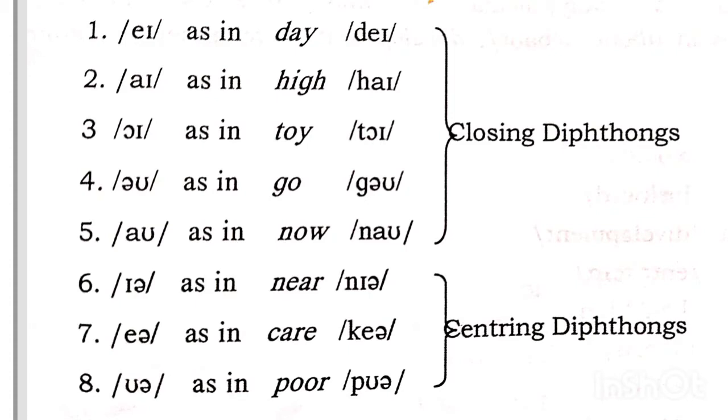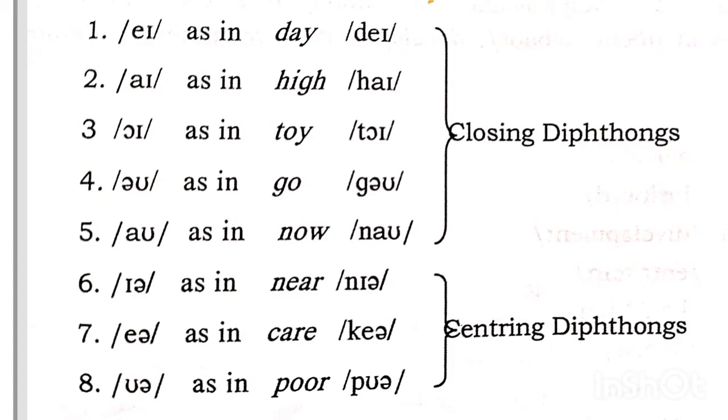The next three examples given are from the section of centering diphthongs. Centering. Here, the glide movement is towards the center. The glide movement of diphthongs is towards the center. That is towards the center of the roof of the mouth. Okay, not hard palate, not soft palate, towards the center.